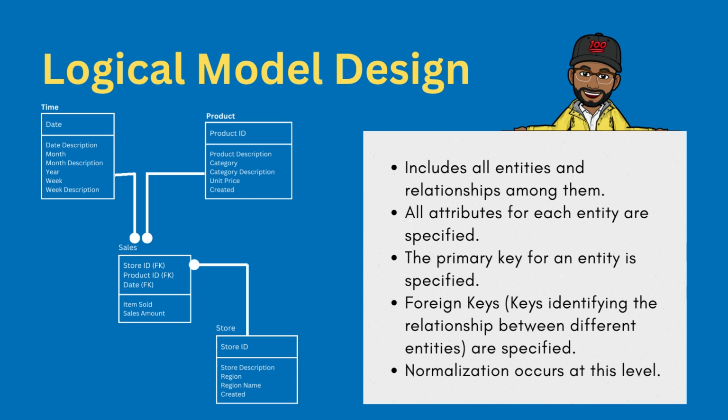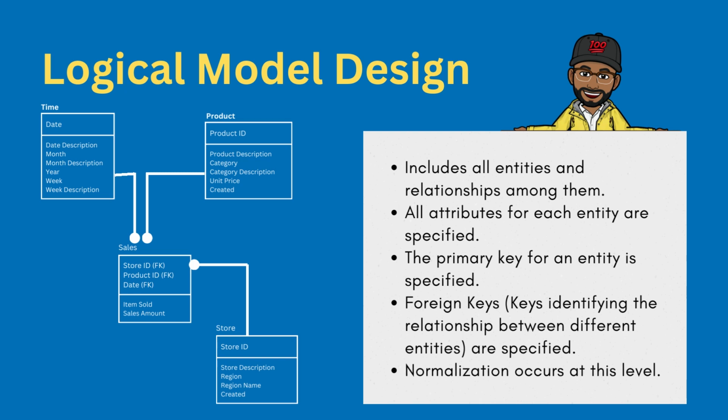After that, item sold and item amount will be the measures. Only the foreign keys and measures will be on the fact table. Item sold is the quantity and sales amount is the price. These two are called measures.